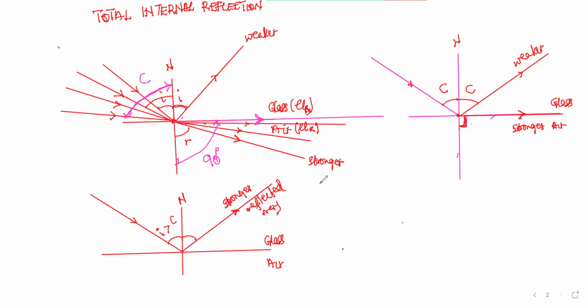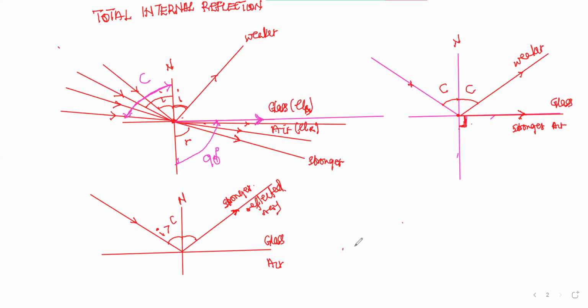But when the angle of incidence in the more dense medium is greater than the critical angle of the material, the refracted ray adds up to the reflected ray. And so we do not have a refracted ray, but a complete reflected ray. This is what we call total internal reflection.